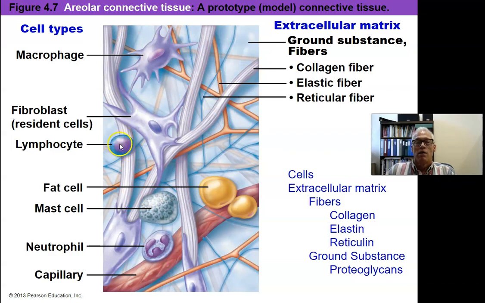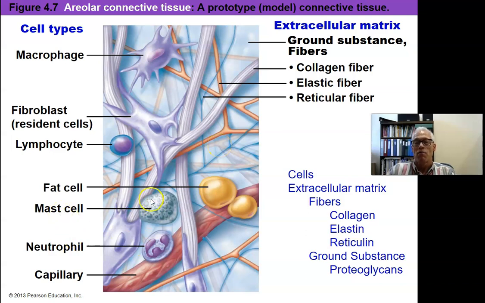Lymphocytes are immune cells lying in wait for their moment when they can really defend the body against a specific invader. So lymphocytes are quite numerous in tissues like this, and again they're waiting to be discovered through a process that the immune system uses to fight against specific types of invaders in the body, infections in the body.